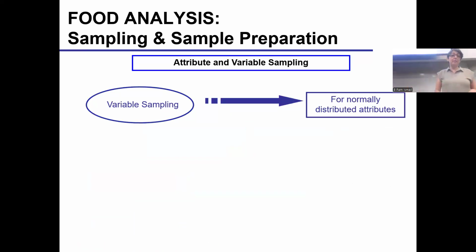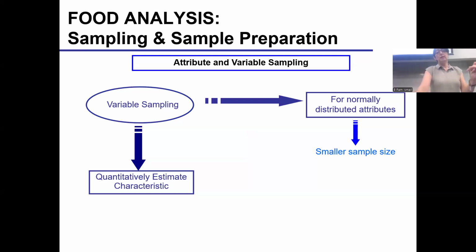Then variable sampling, this is really simple, is when you're looking for a component that is homogeneously present in your sample or normally distributed. Here you don't take that many replications. There is a set number of replications that you would do depending on the purpose of the analysis.